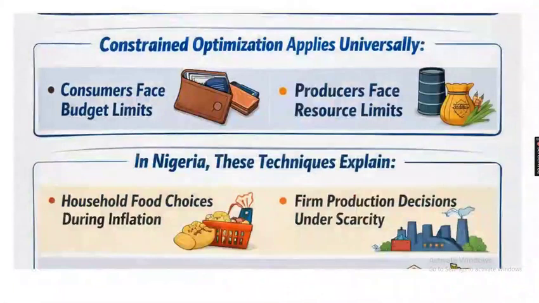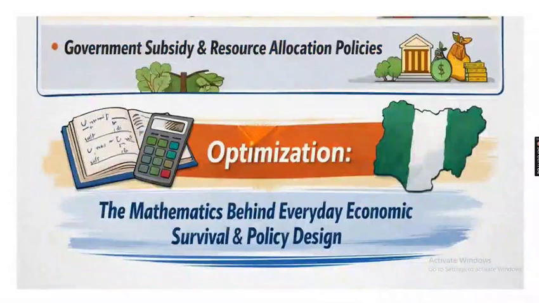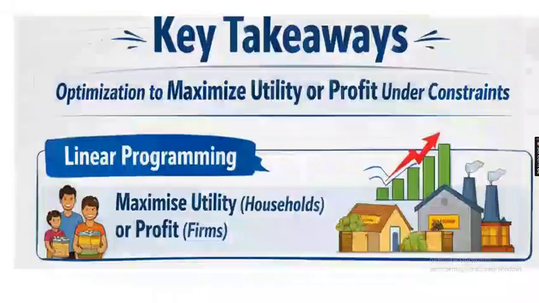As you move forward in this course, remember that optimization connects theory with practice. It is how economics becomes a tool for solving real-world problems. In summary, optimization techniques, whether through linear programming or the Lagrangian method, help us understand how rational decisions are made under constraints.